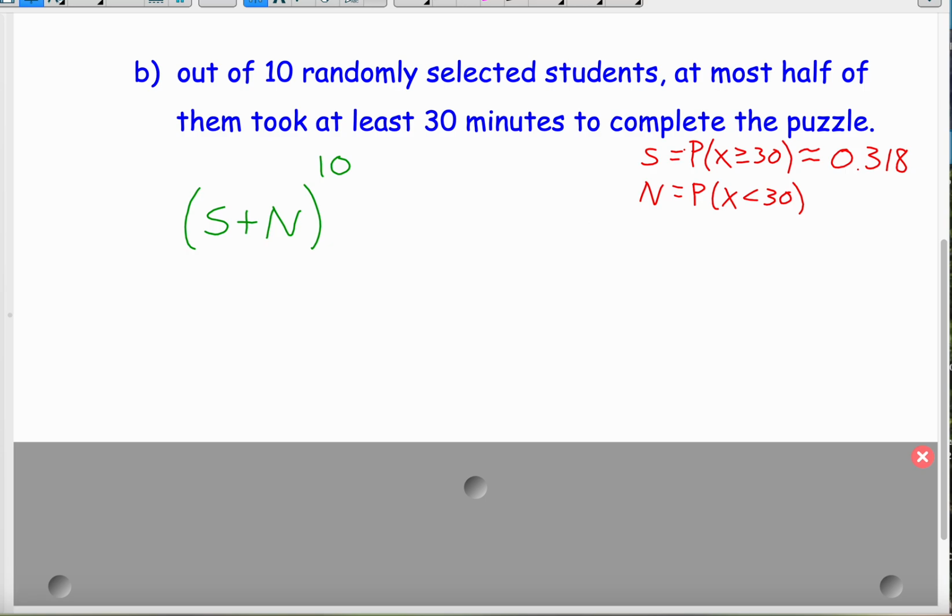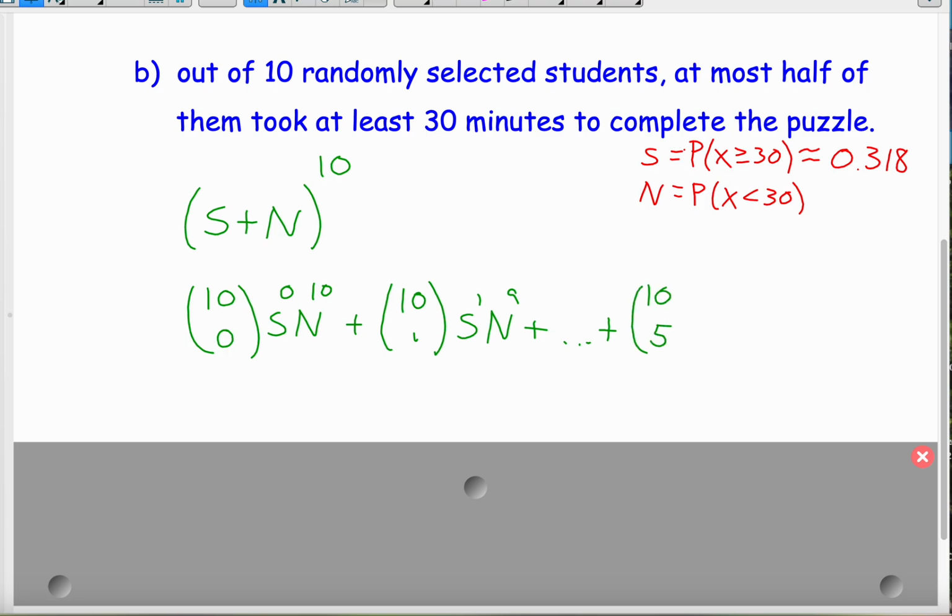They want to know the probability that at most half of them, so that means none of them, which would be N to the 10th, or one of them, or two of them, or three, or four, or five of them, and then I'm going to stop there. So I'm going to stop at 10 choose 5, S to the 5th, N to the 5th. And so those are the only ones I'm interested in.